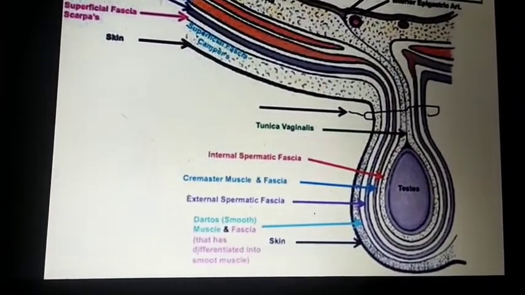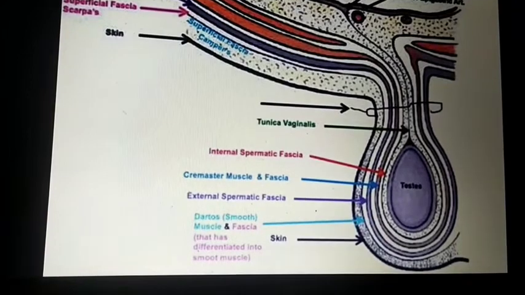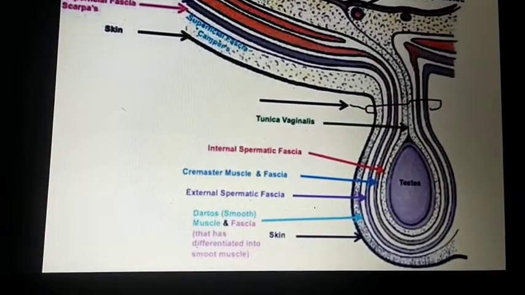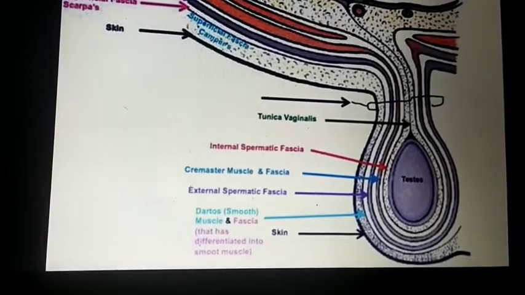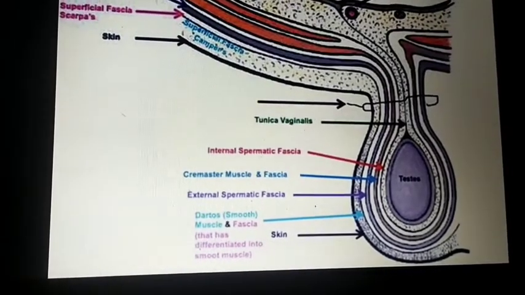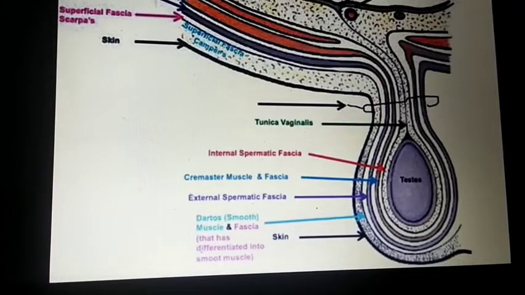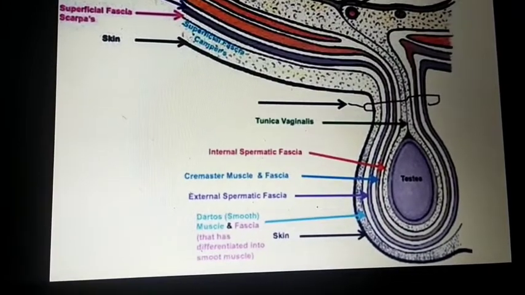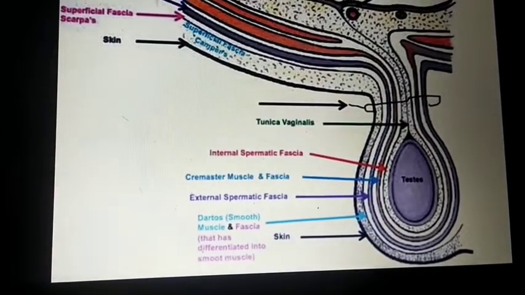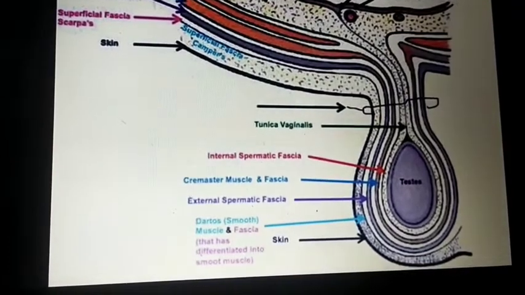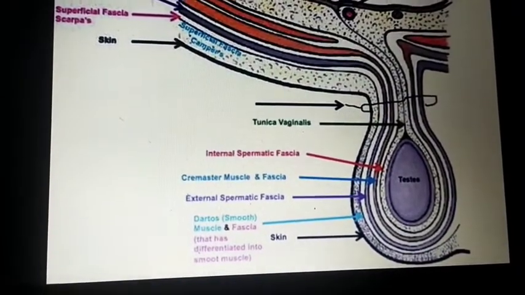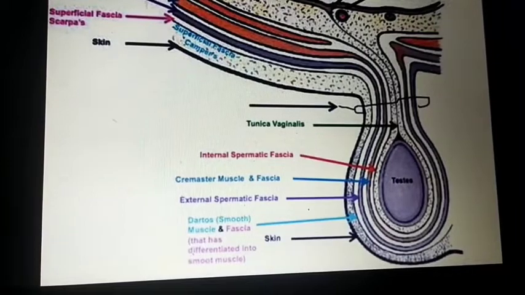External spermatic fascia, and the internal oblique muscle forms the cremaster muscle and fascia. The internal spermatic fascia forms from the transversalis fascia, and the extraperitoneal fat and fascia forms the tunica vaginalis.